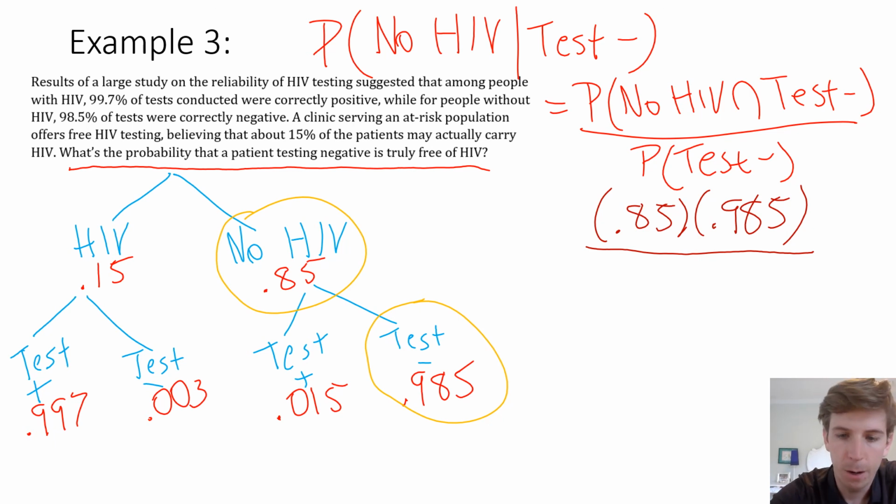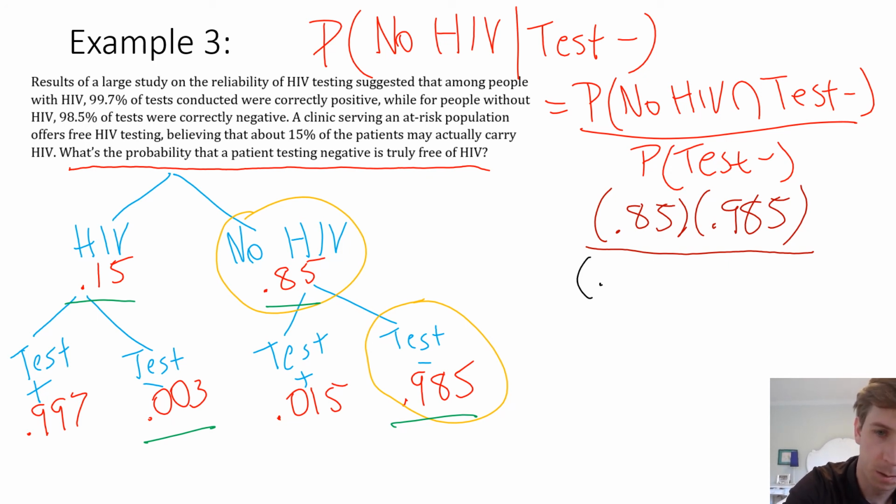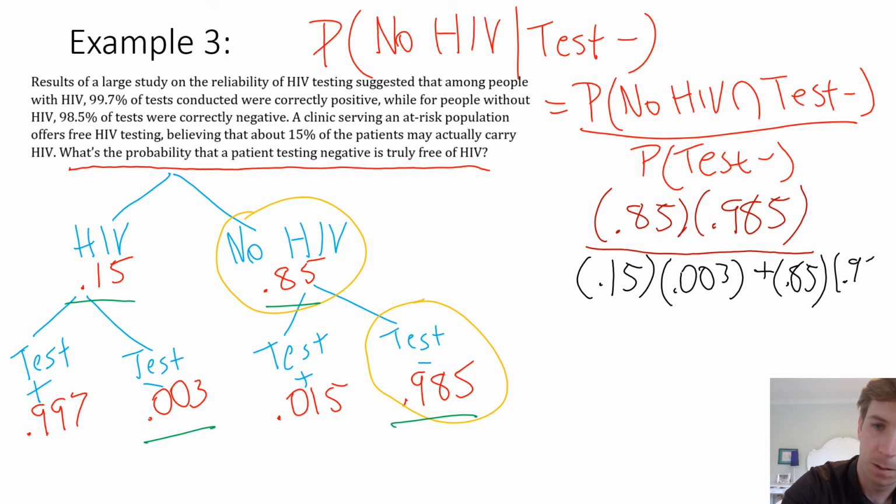And for the denominator, the probability that they're testing negative, we need to multiply down the branches and add each one that ends in testing negative. So that's going to be 0.15 times 0.003 plus 0.85 times 0.985.